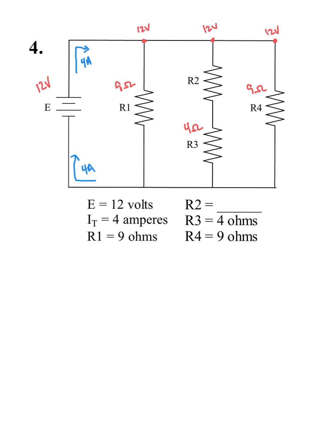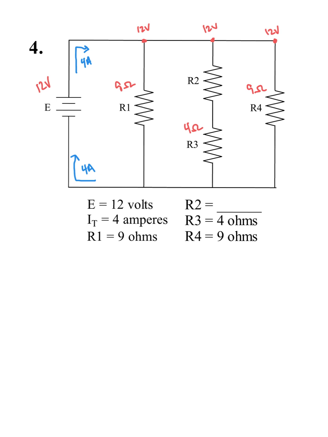The very first thing you might notice is that branch 1 with R1 has 9 ohms, and R4 also has 9 ohms, so we know these are going to be the same as far as current flowing through them. And the one with R2 and R3 is a series circuit. The first thing we can solve for is the current running through the branch of R1 and R4.